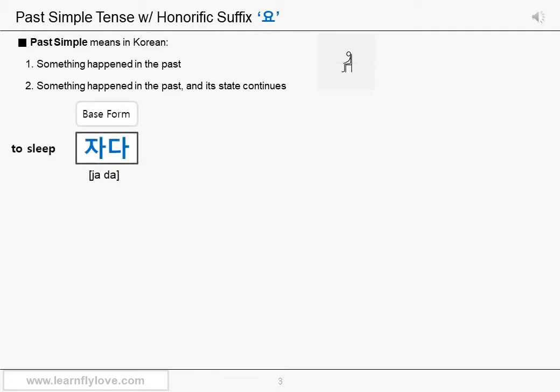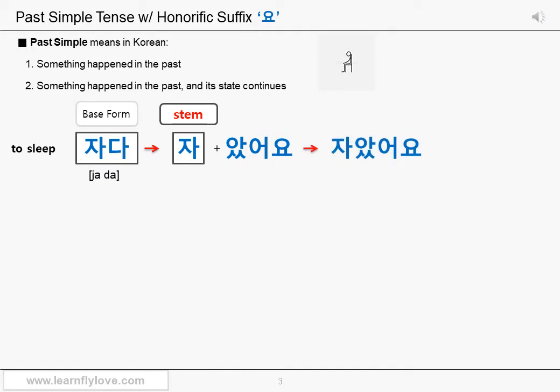The base form of the verb to sleep is 자다 in Korean. The stem is 자. 자 has the yang vowel a. You want to put it in the past tense with the honorific suffix 요. Then you add asso요 to the stem. 자 asso요. But you need to apply the same rule that you applied to the present simple tense.